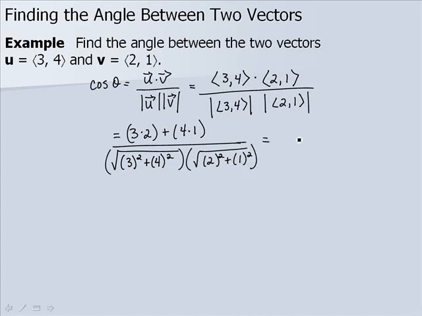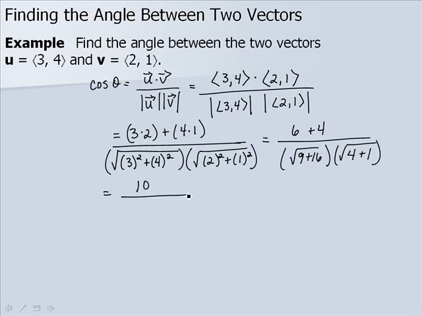so we have in our numerator 6 plus 4 over the square root of 9 plus 16 times the square root of 4 plus 1. So we have 10 over the square root of 25 times the square root of 5, which is 10 over 5 times the square root of 5.